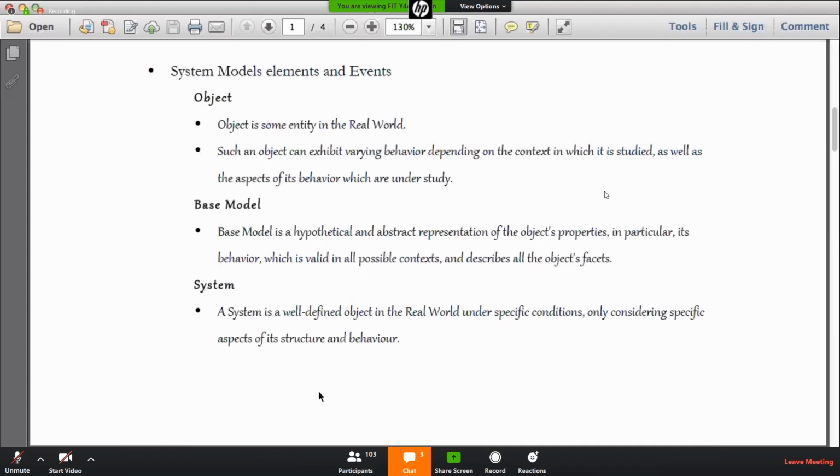So a model should have the ability to allow interaction of the various components in order to come up with something. For instance, in the example I've given, y equals mx plus c, we want to say how the various components of that formula interact to give what we want. So a system is a well-defined object in the real world under specific conditions, only considering specific aspects of its structure and behavior.